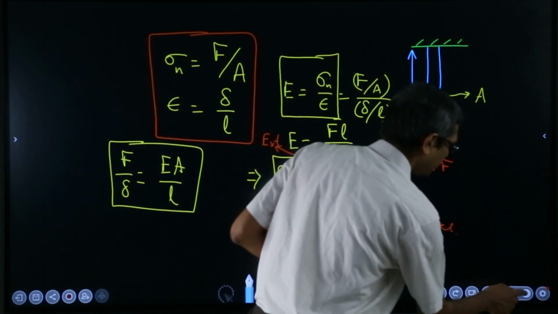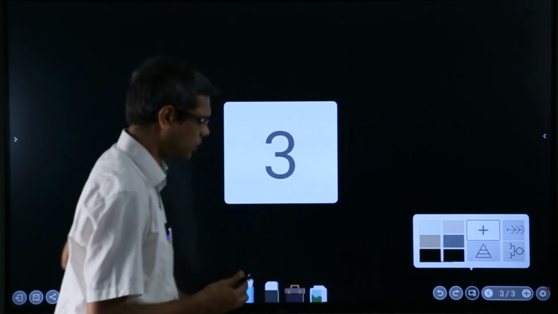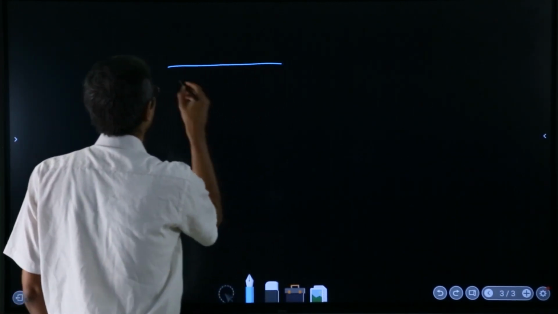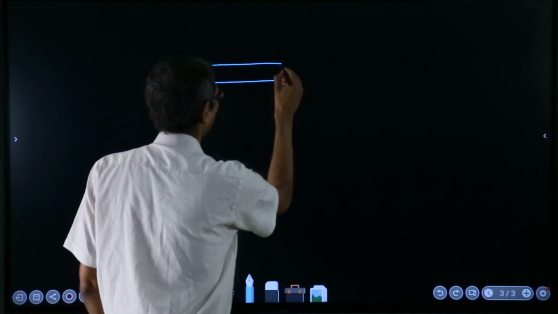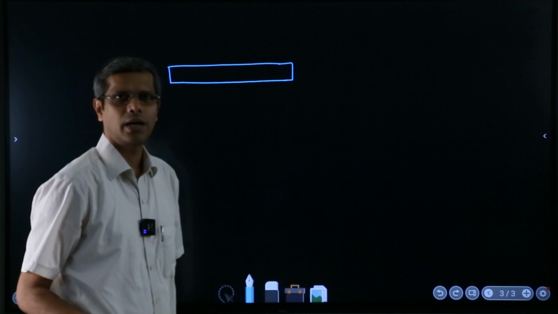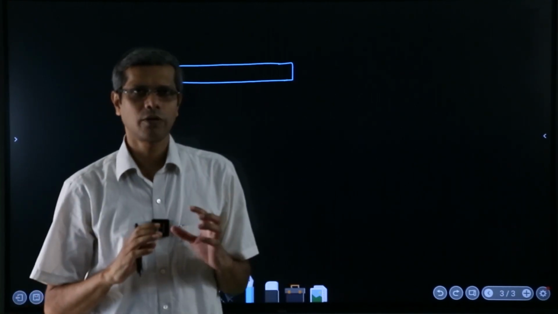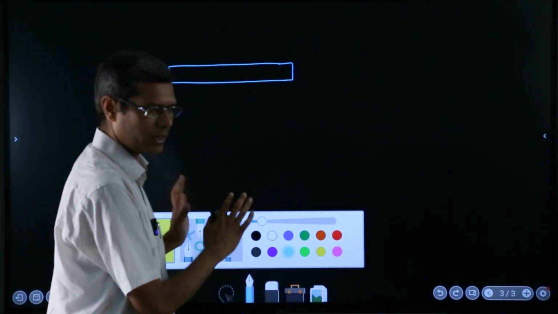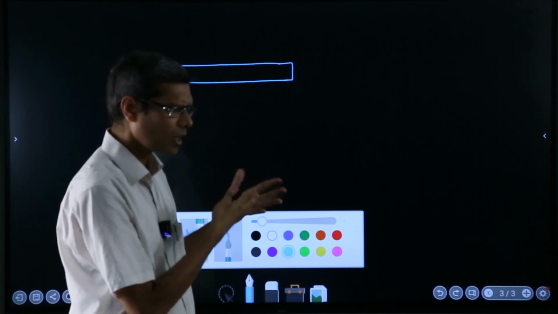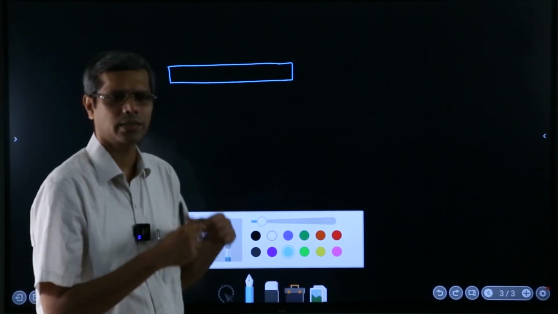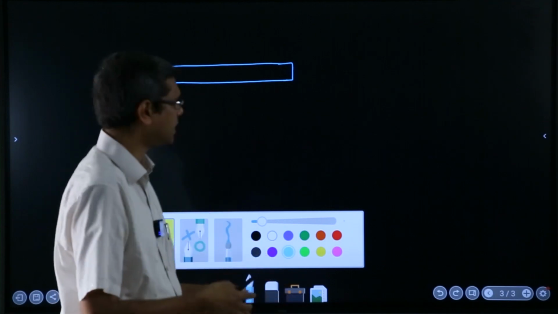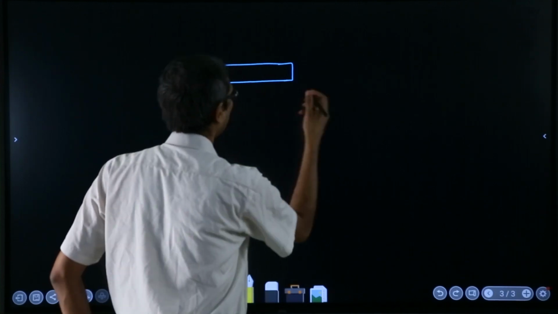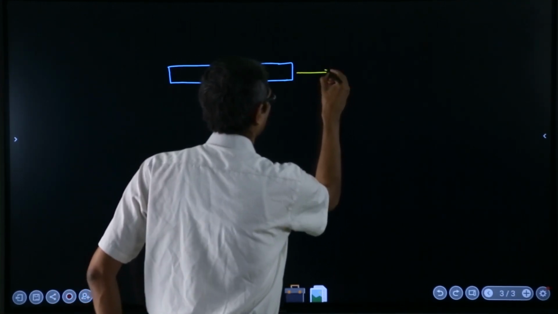But before we leave this topic, I'll give you a canonical configuration: pure axial loading. When we say this, this configuration should always come to your mind. All the formulas that we derived till now, the displacement or elongation, the strain, the stiffness, are valid as long as this configuration is valid.